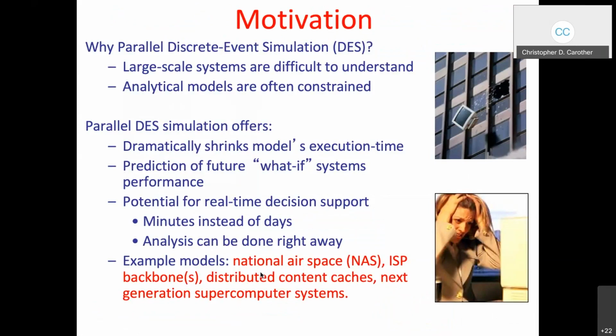They're growing in complexity, very difficult to understand. The other thing, if I look on the math side of it, the analytical models tend to be very constrained. They tend to make assumptions about, say, distributions of events in these systems. And so with a large scale system, we can't model it necessarily purely mathematically, and so we need to apply a discrete event approach, which I'll talk to you more about exactly what I mean by that as we move forward.